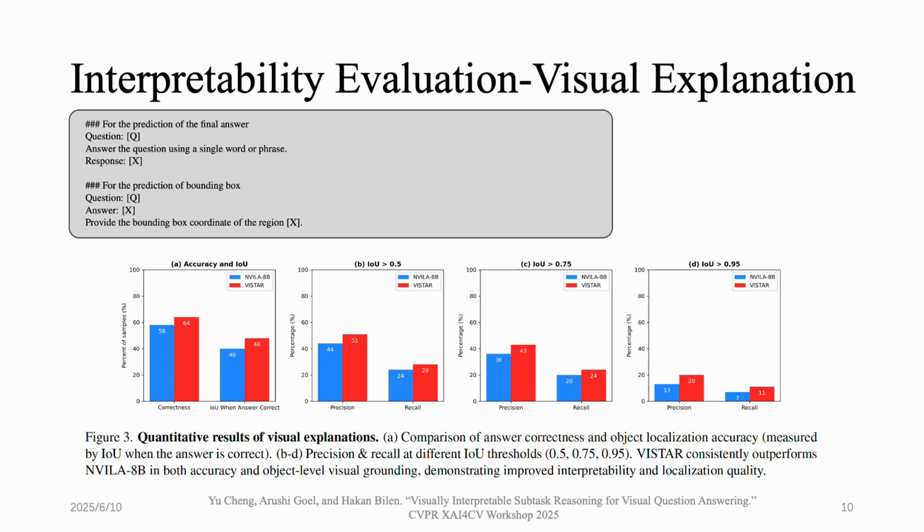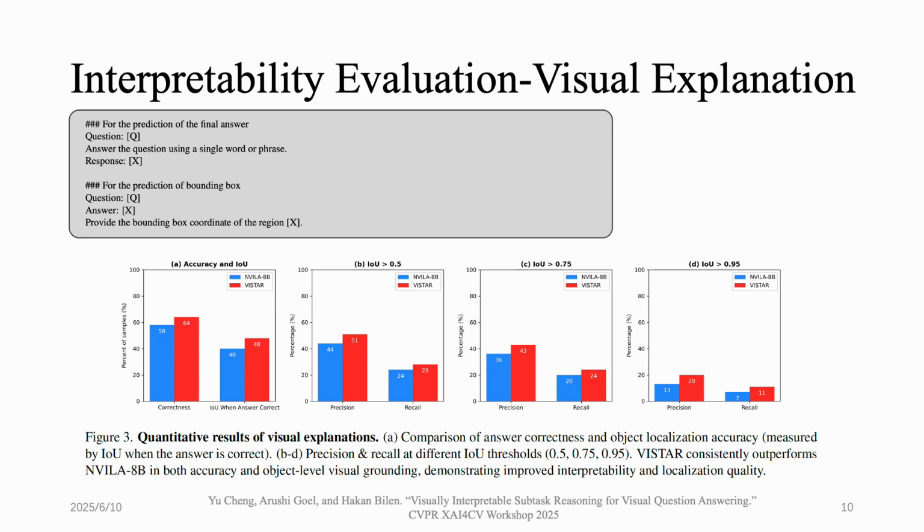On top of the textual interpretability, we evaluate the performance over visual interpretability. Here, we assess the accuracy of our object-level bounding box prediction. Since NVILA 8B does not generate bounding boxes for VQA, to obtain them we first obtain its predicted answer using the original VQA instruction, answer in a single word or phrase, and then append a follow-up instruction from its object grounding task, provide the bounding box coordinates of the region, to extract the corresponding bounding box.